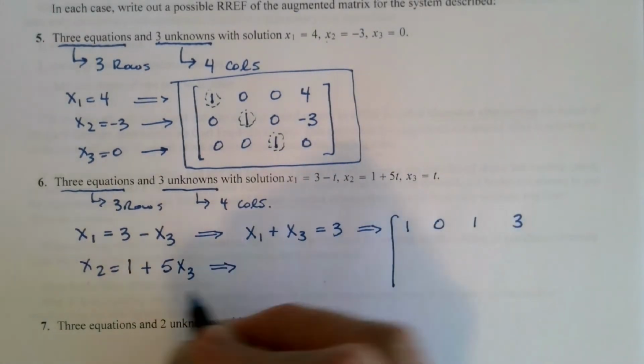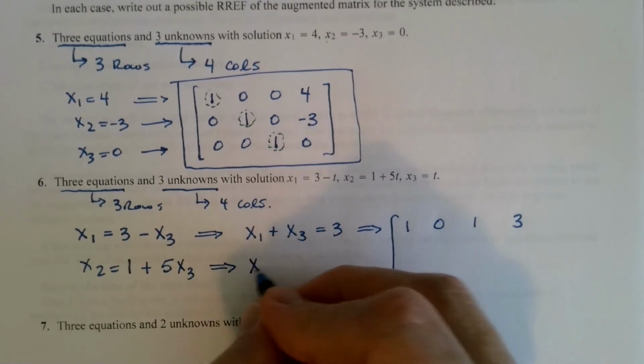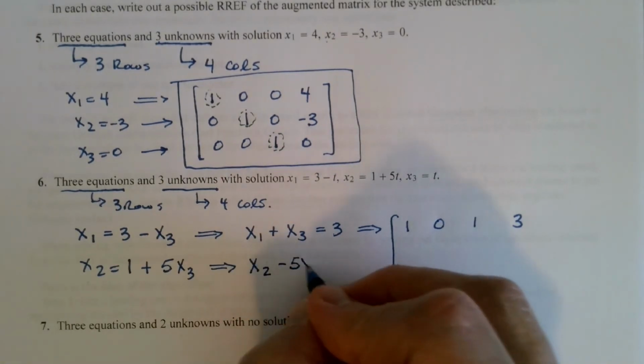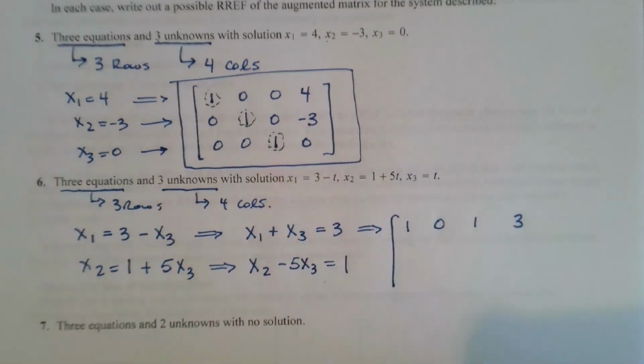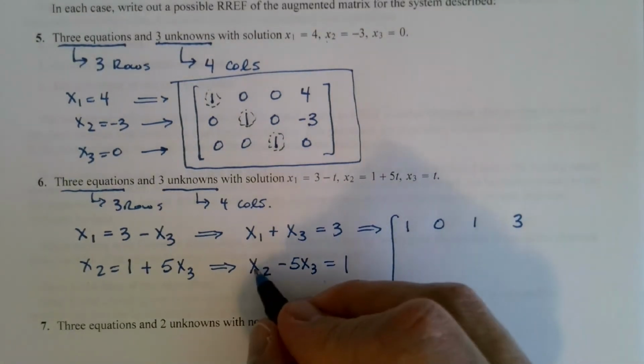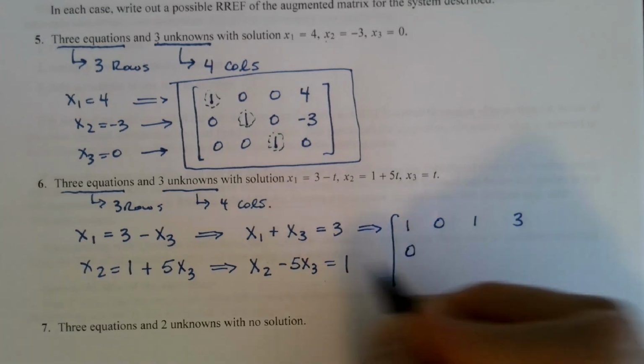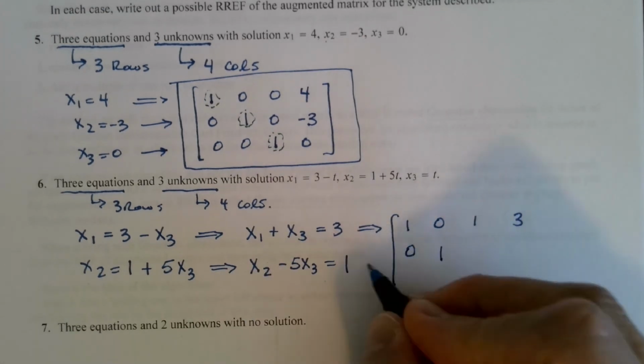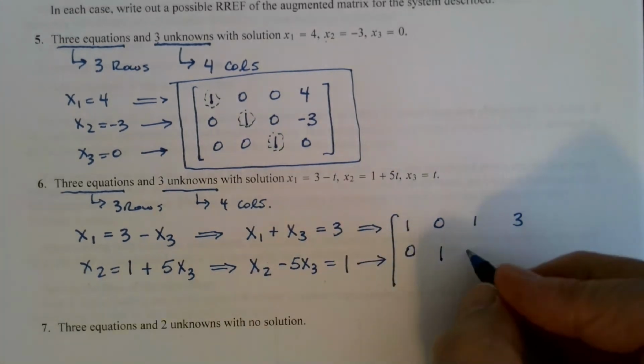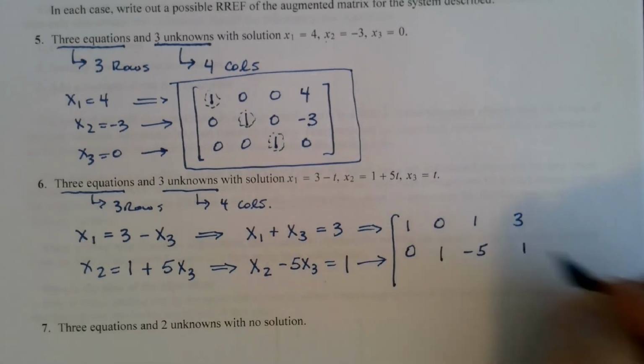And here I can subtract the 5x sub 3 to get it in this form: x sub 2 minus 5x sub 3 equals 1. So here's my second equation, and so the second row is what? 0x sub 1, 1x sub 2, minus 5x sub 3 equals 1.